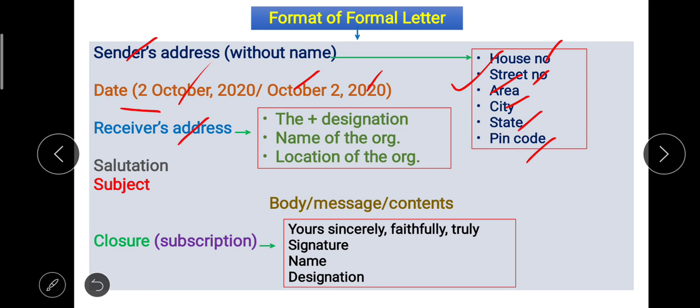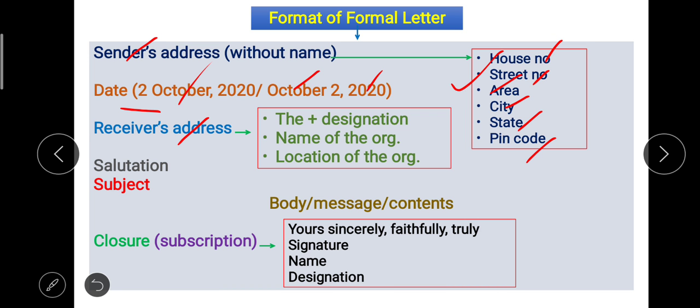Then in the next line, the name of the company: LG Private Limited, Tata Motors Private Limited, whatever the name of the company is. And in the next line should come the location of the organization, where it is located: Gurgaon, Noida, Nimrana, the location should be there.